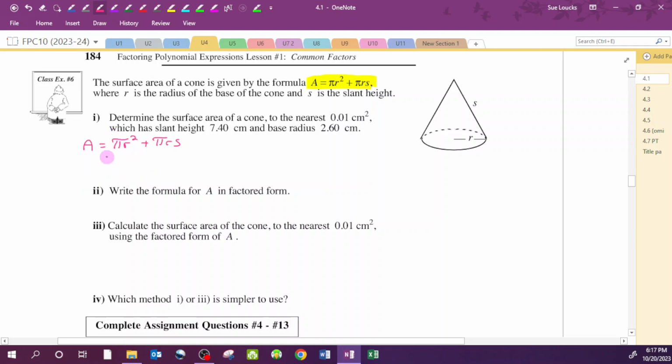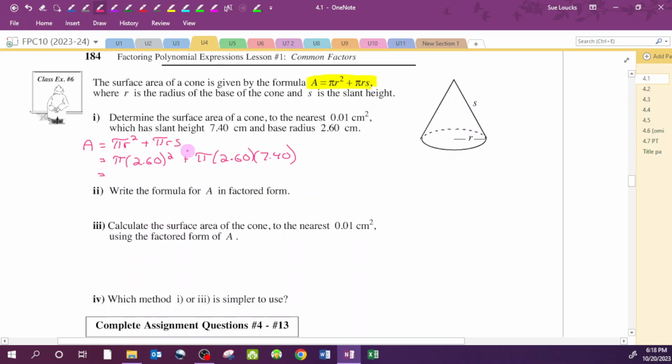Always write the formula down. That's how you remember it. Makes life easier. Okay, I'm going to put my pi here, and my radius is 2.60, so 2.60 squared plus pi times the radius, which is 2.60, times 7.40, because that's the slant height.